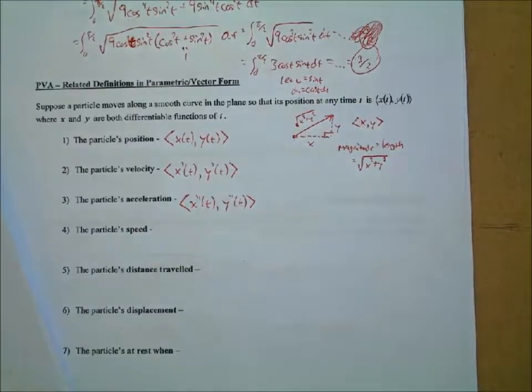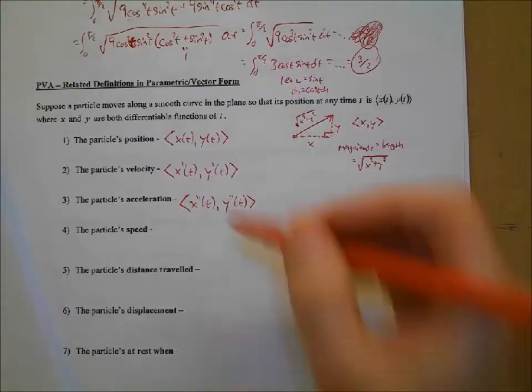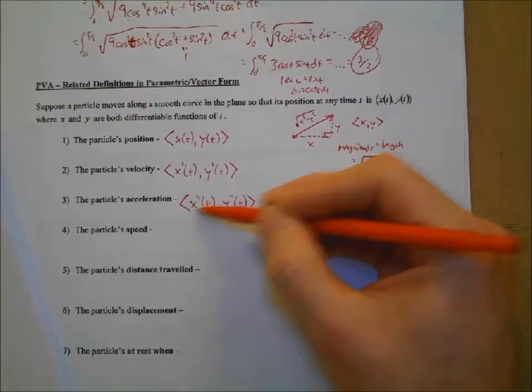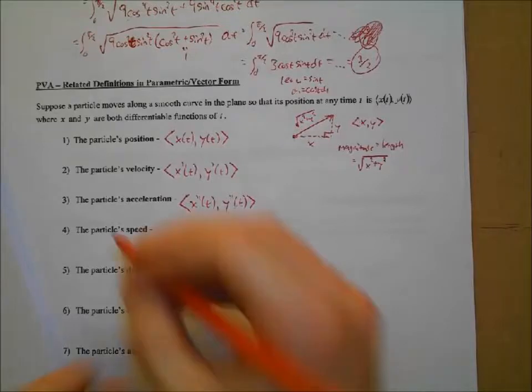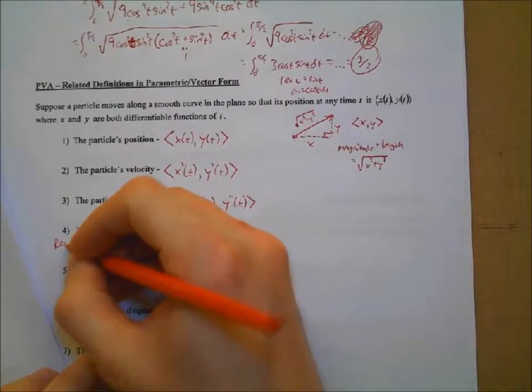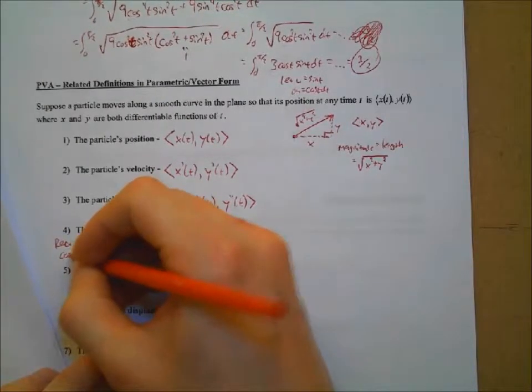Again, this is different from rectangular coordinates, where you would find d squared y over dx squared. We're not finding that here. We're just finding x prime prime, the second derivative of x with respect to t, and the second derivative of y with respect to t. So, particle speed. Well, in rectangular coordinates, I'm going to write this one out here.